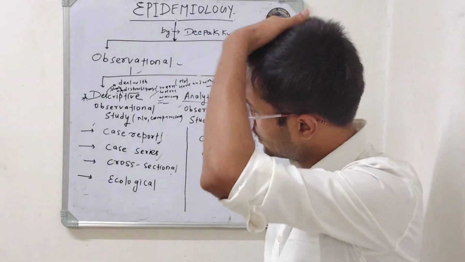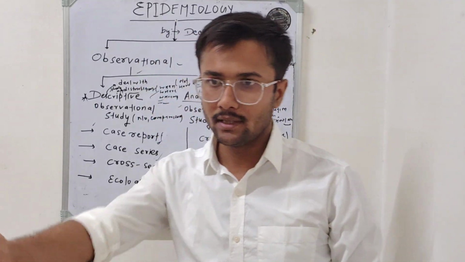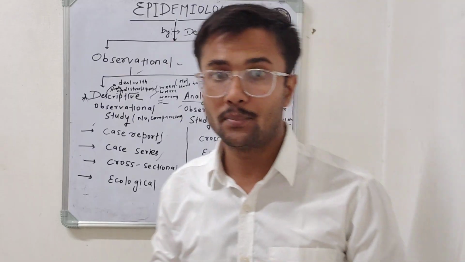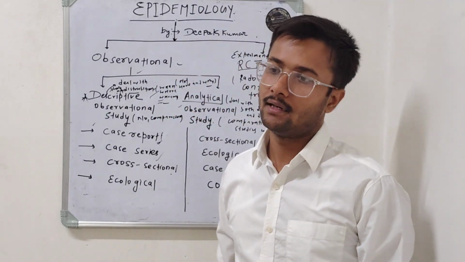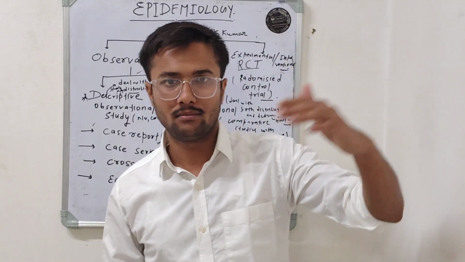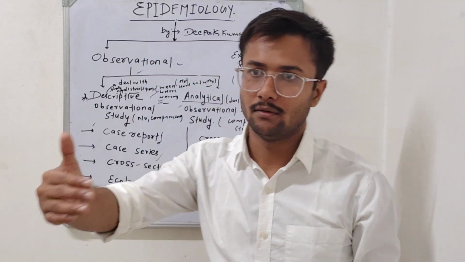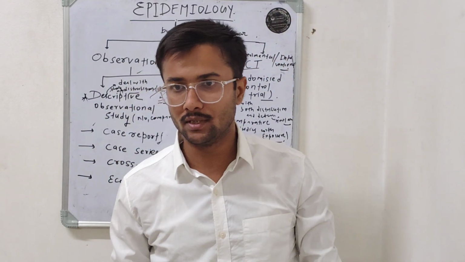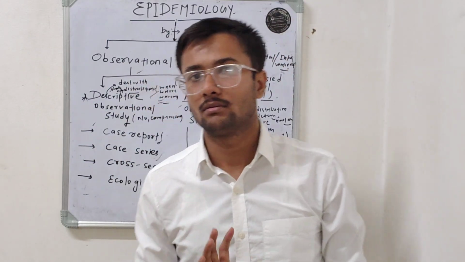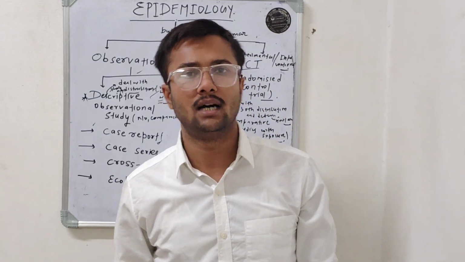Okay, so what is the cross-sectional study? In a cross-sectional study we basically try to find the prevalence of disease. For example, if I am going to any village and collecting so many people and we ask a question, for example, how many of them have anemia.